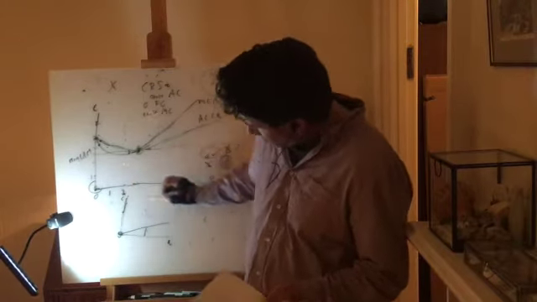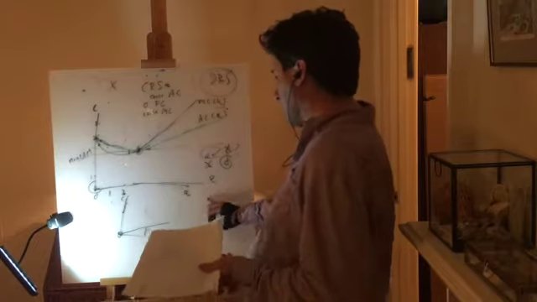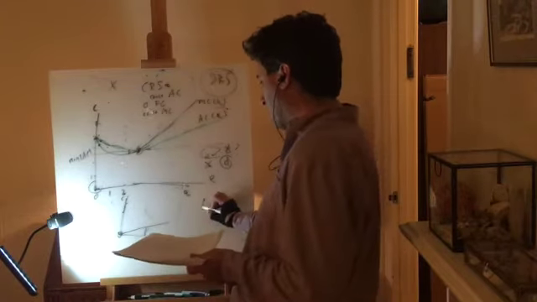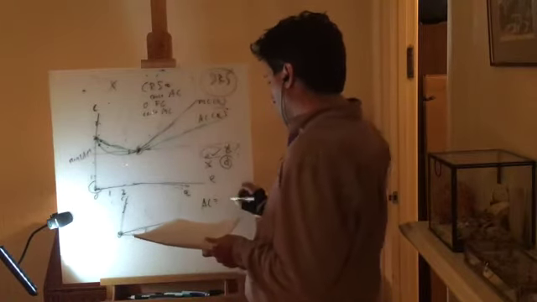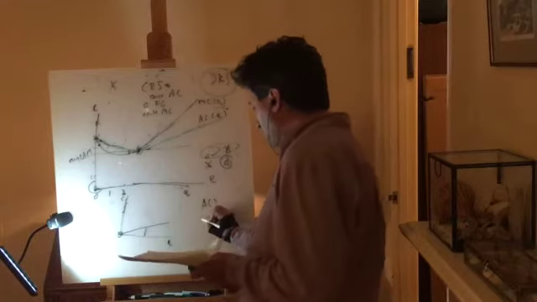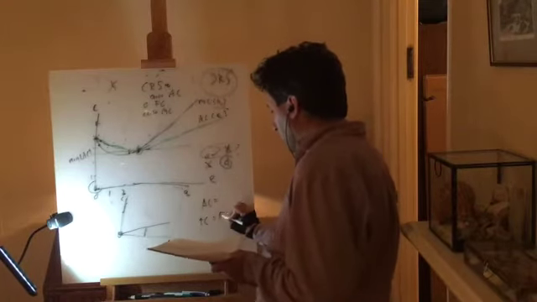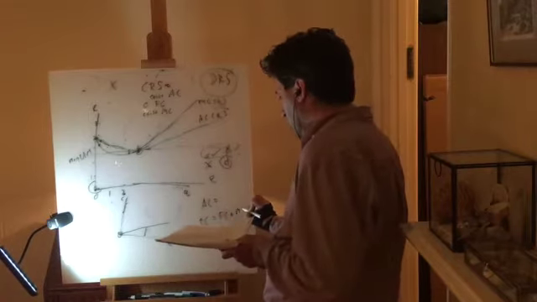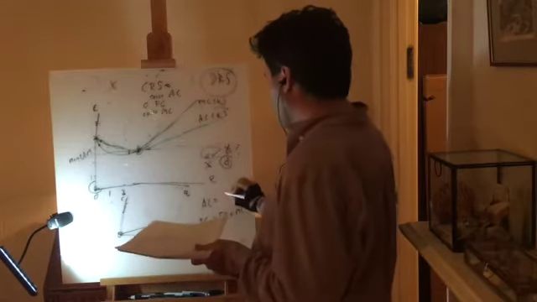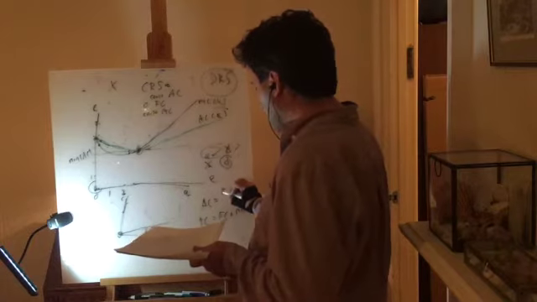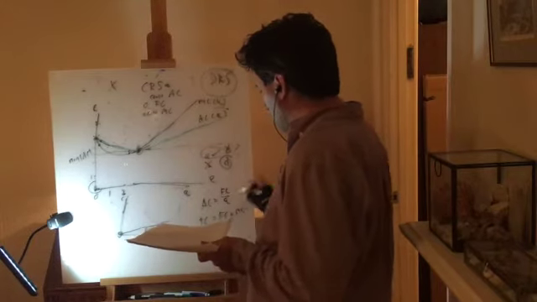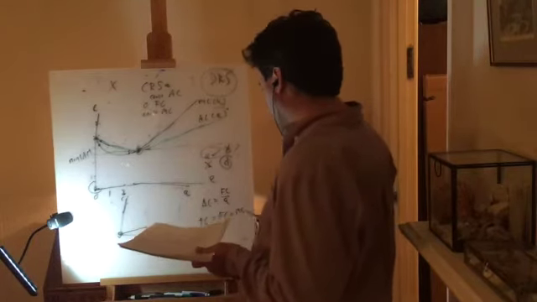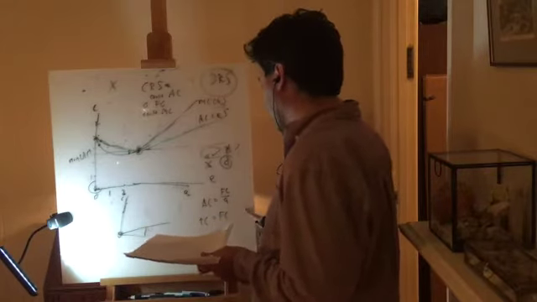Otherwise, you can look at the average cost if we want to talk about fixed cost and marginal cost. Total cost is not equal to fixed cost plus marginal cost.